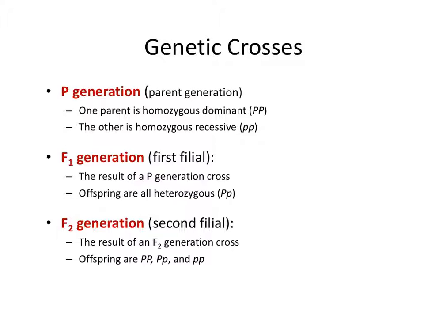So in this case, instead of big P, little p, we're going to have two different flower colors, red and white. We're going to say red is dominant, and if it's homozygous, it's RR. And if it's homozygous recessive, white, it has to be WW.